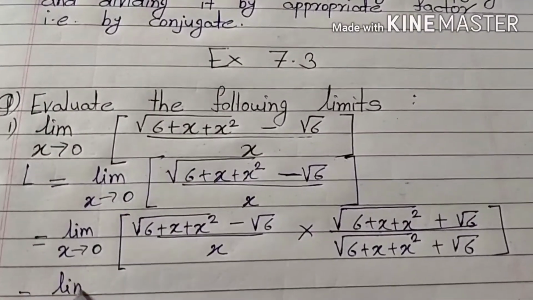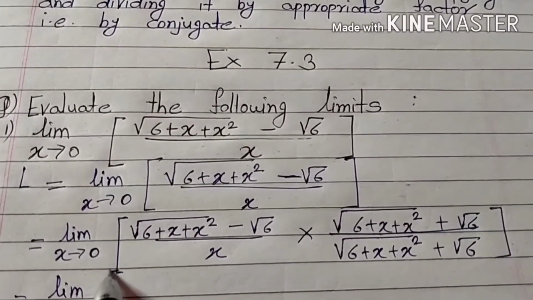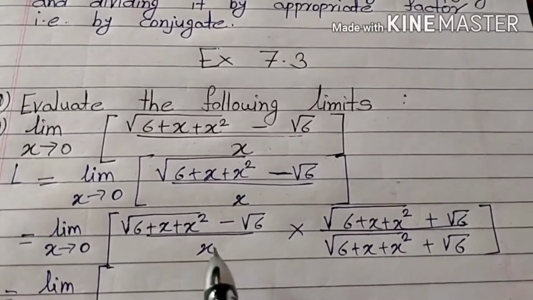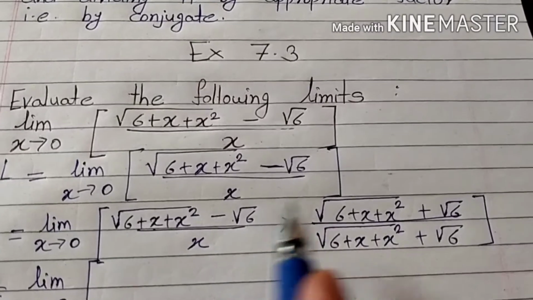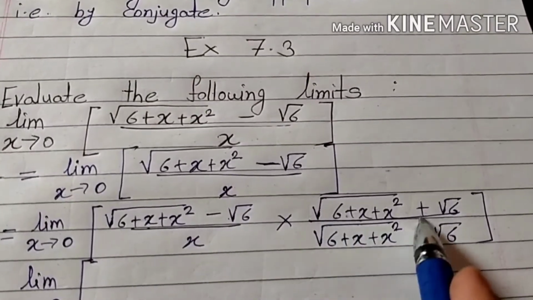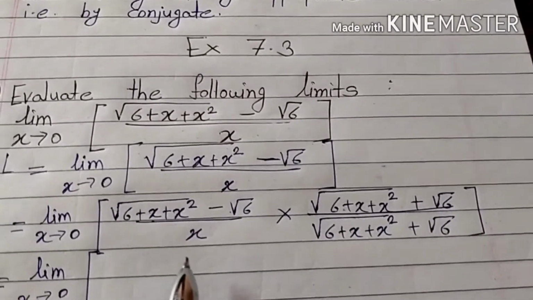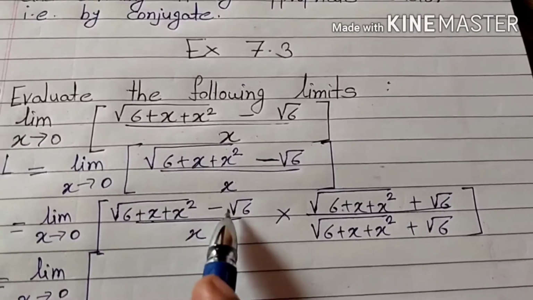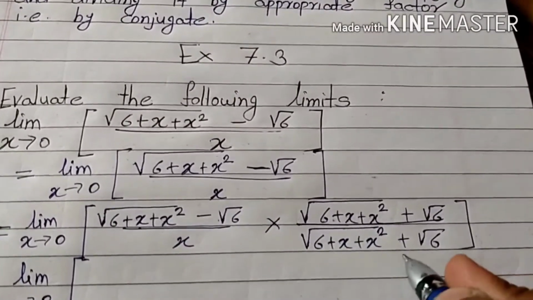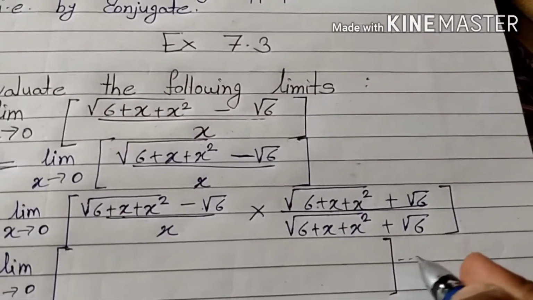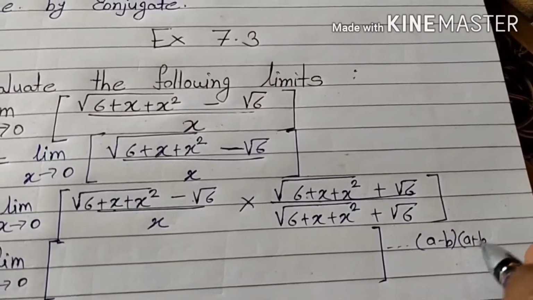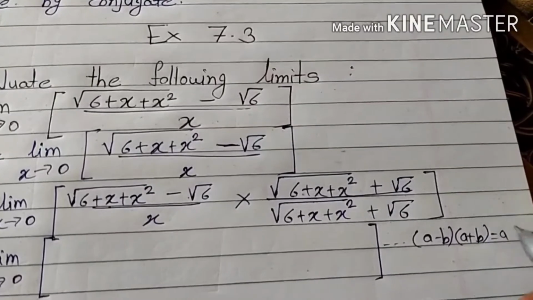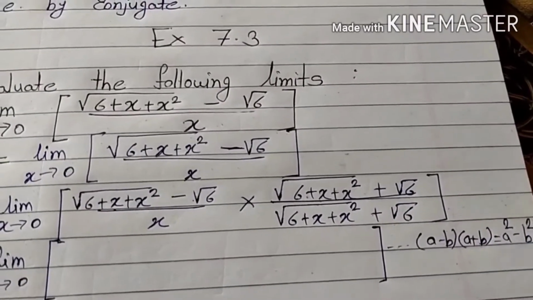Now in the next step, use the formula. We already know the formula. Suppose this is a minus b and suppose this is a plus b. Then we know the formula for a minus b times a plus b, which is a square minus b square.